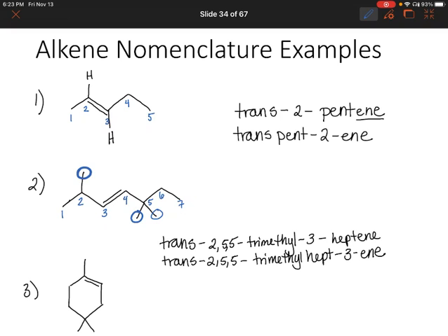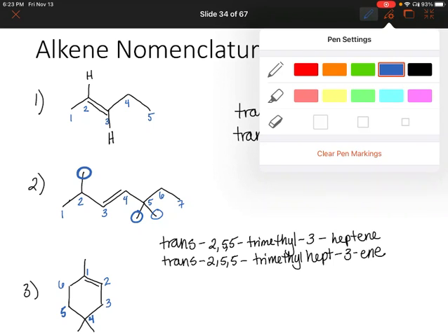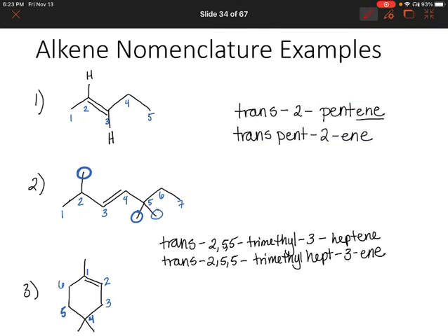So for instance, I would start up here, 1, 2, 3, 4, 5, 6. Now, we wouldn't want to start, let's say, at the other side of the double bond, because that will give that methyl group at the top a position of 2, but we can see from the blue numbering scheme that we could give that methyl group a value of 1.